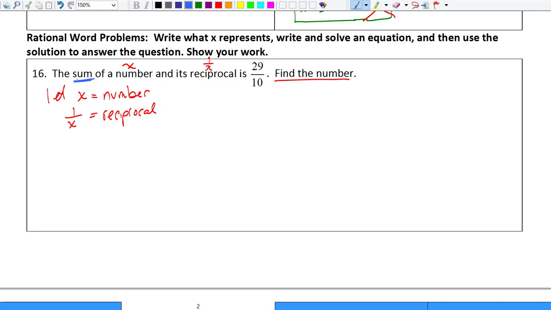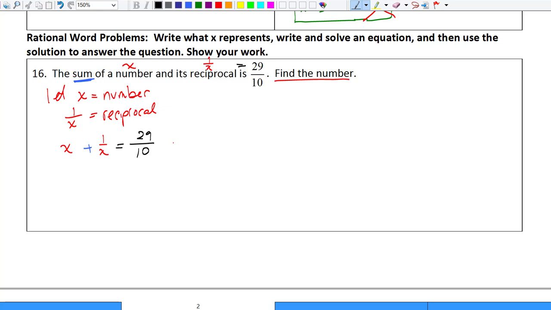The sum means addition of the number, which was x, and its reciprocal, so I'm adding x and 1 over x, is, and that's equals 29/10.